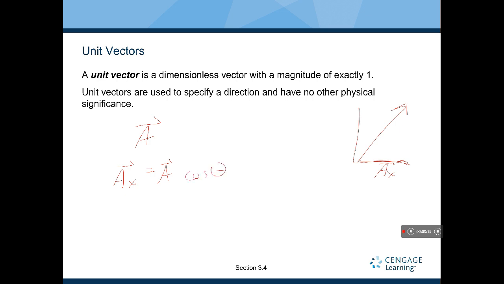So if you look at that, this piece alone, the cosine of theta, is all you technically need to specify what percentage of A is in that direction. For example, type in cosine of 70 into your calculator right now.